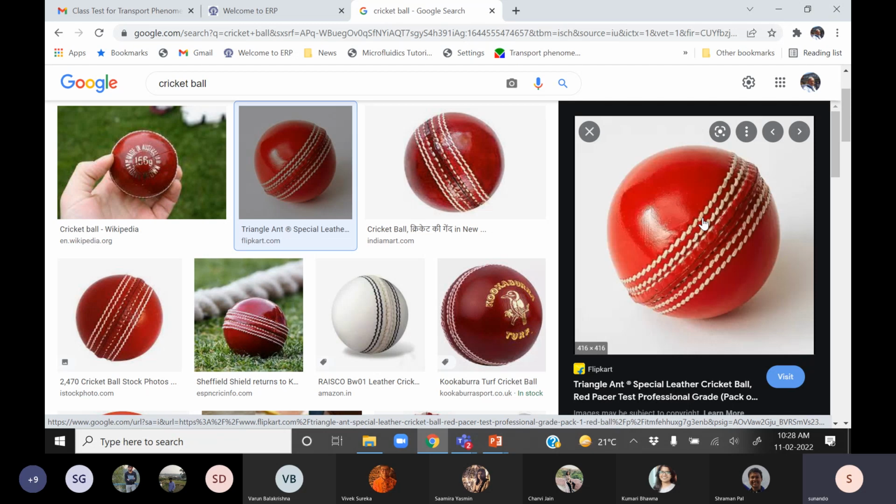If the seam is directed towards your leg or the leg slip, then from outside the off stump, the ball will come towards you. And once again, you are going to be completely beaten unless you can read the seam position of the ball while it is being released from the bowler's hand.